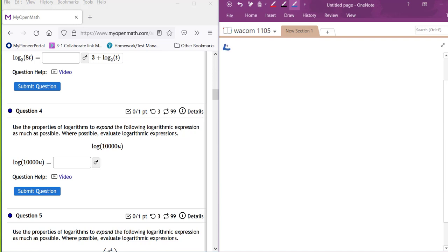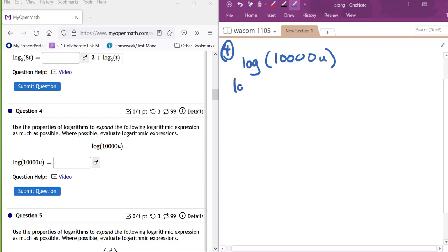So I did pick question 4. And this one is log, and it's base 10 of 1, 2, 3, 4 zeros. And they still want us to expand. And so it will be a sum of the logs. And this one is 10 to a power. It is 10 to the fourth.